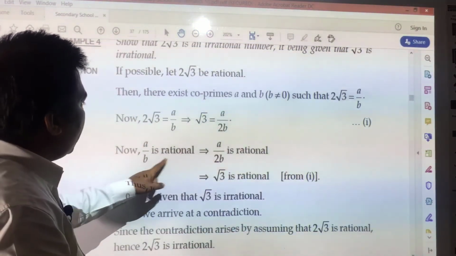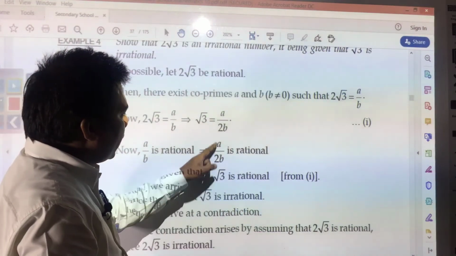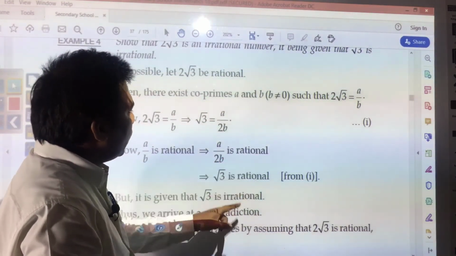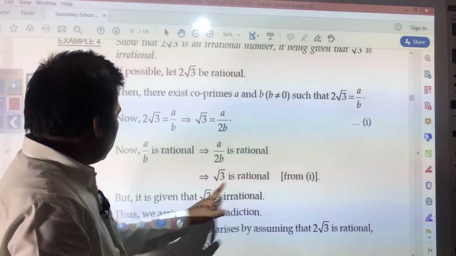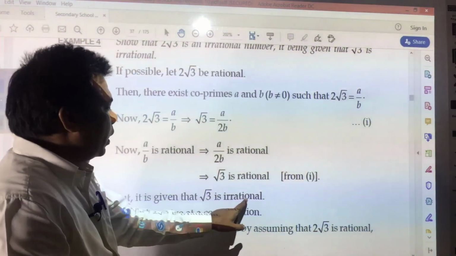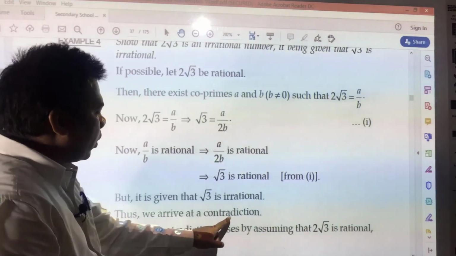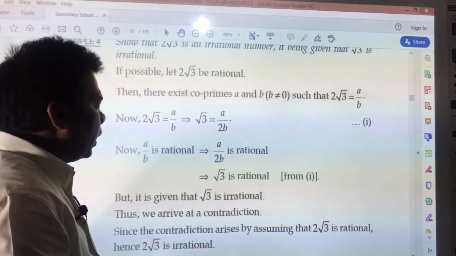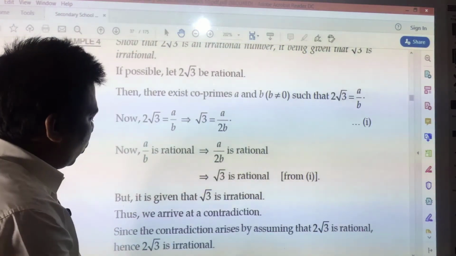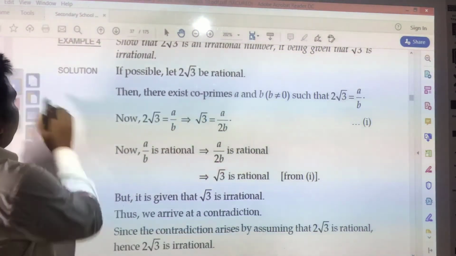So a by b is rational, that implies a by 2b is rational. If a by 2b is rational, it means root 3 also should be rational, but it is given that root 3 is irrational, and thus we arrive at a contradiction. Since the contradiction arises by assuming that 2 root 3 is rational, hence 2 root 3 is irrational.